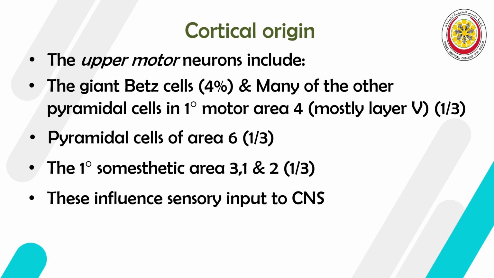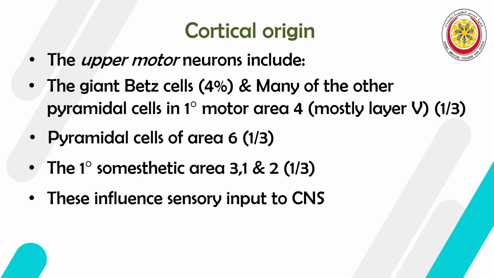So descending pathways have one third from the primary motor area and another third from secondary motor areas. They bypass the primary motor area, because the primary motor area makes execution of conscious, skillful movements, while the others go directly, bypassing area 4.